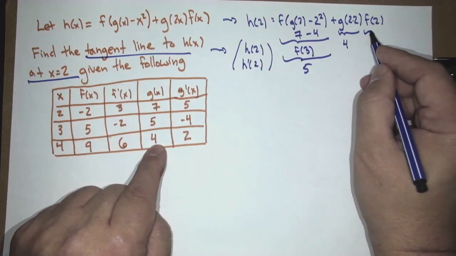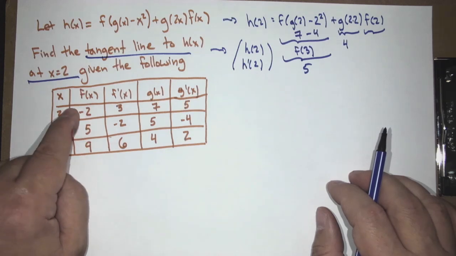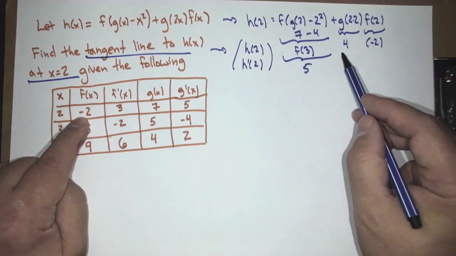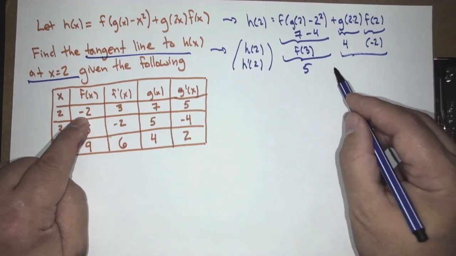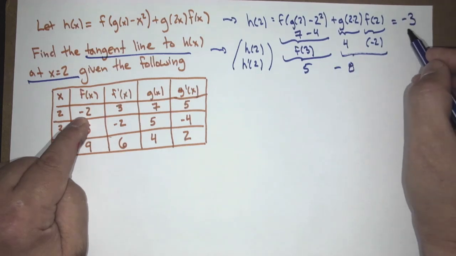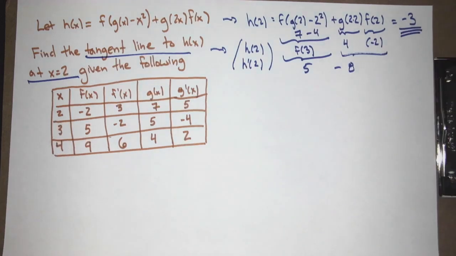Do we know what f of 2 is? Negative 2. So do we know what this last term is? Negative 8. 5 minus 8? Negative 3. So here we have our h of 2. So it's table lookup. You plug in x, you just keep peeling.